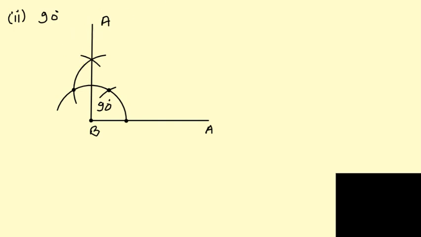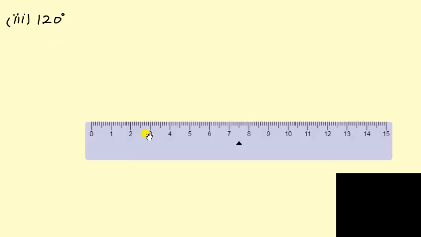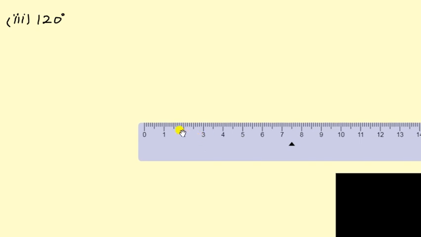Keep the roundel at B and you can make the second arc. It is very similar to that. Now make an arc on the above part like this. Yes. Now keep the roundel or compass on this point and make an arc like this.